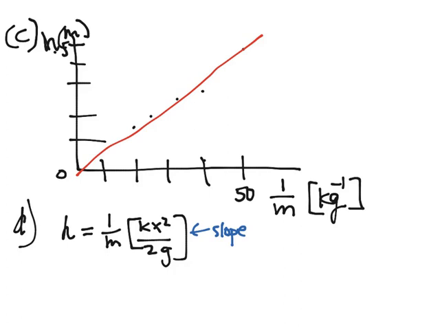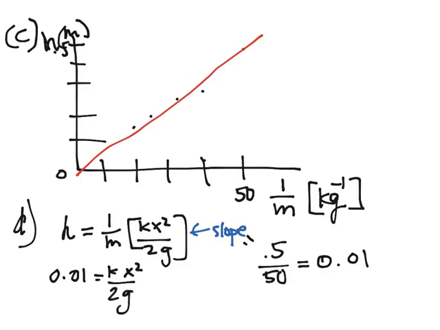The maximum rise was 0.5, divided by 50, to get 0.01 for my slope. Then what I can do is set 0.01 equals kx squared over 2g.